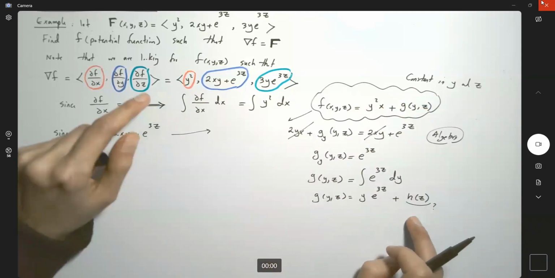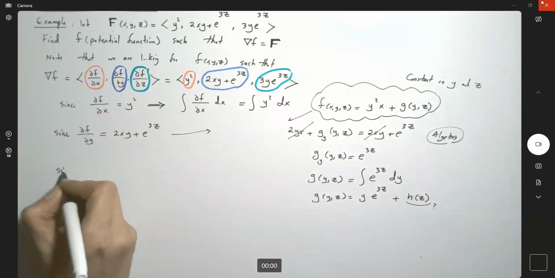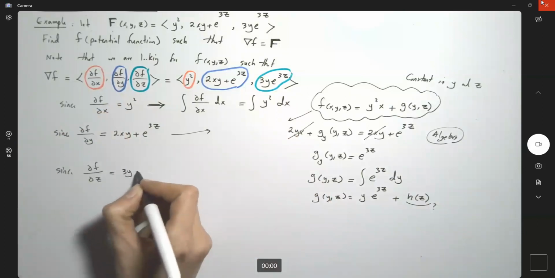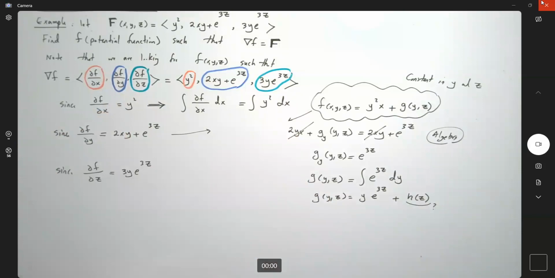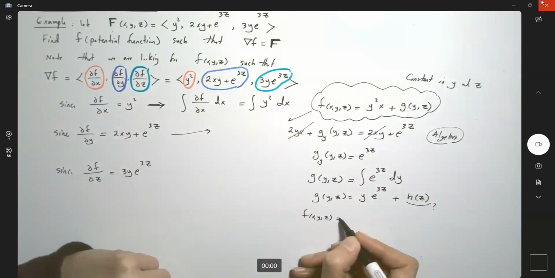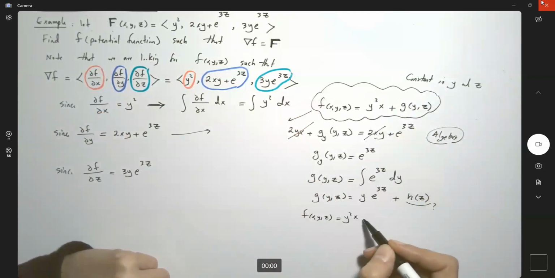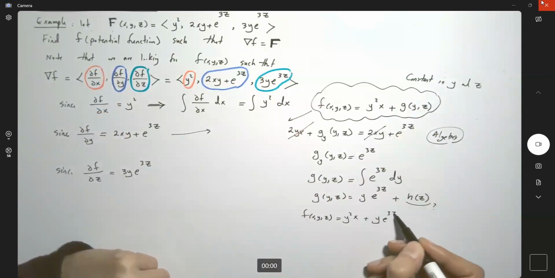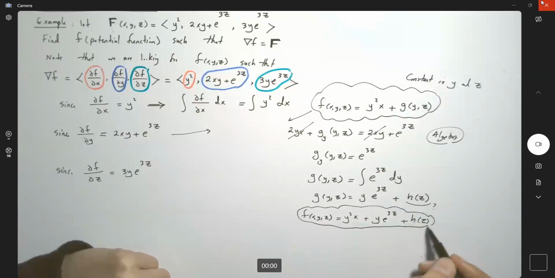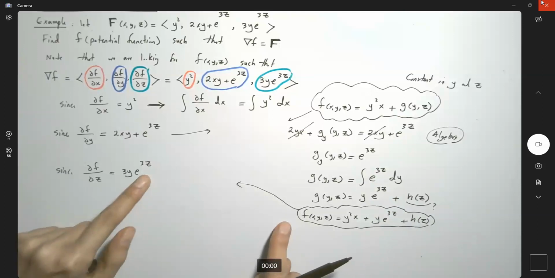To find h of z, I'm going to use the green components. Since the partial derivative of f with respect to z is equal to 3y e to power 3z, and I know my function f of x, y, and z, step by step I'm building this function, is y squared times x plus y e to power 3z plus h of z, I can combine these two together.